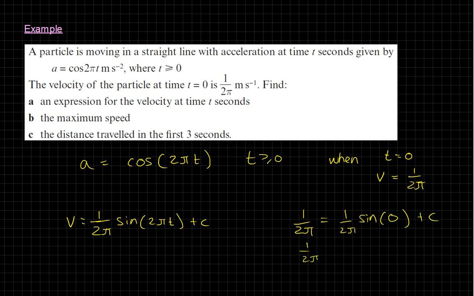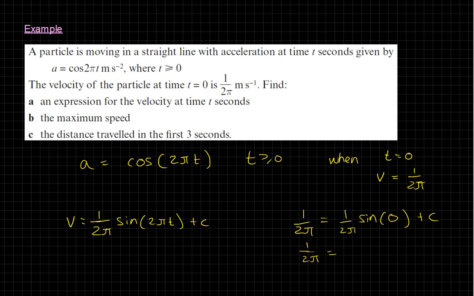1 over 2 pi equals, now remember, all of these trig functions we're using, the inputs are all radians. Luckily at 0 it makes no difference, because 0 degrees is the same as 0 radians. The output is 0.